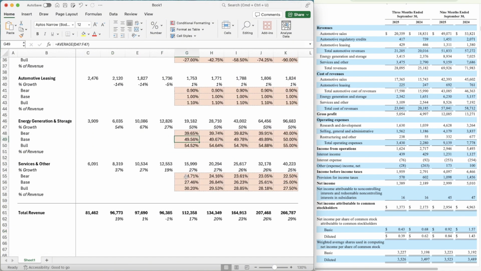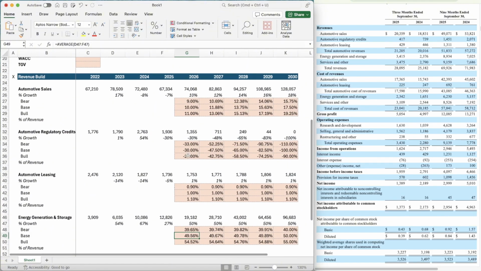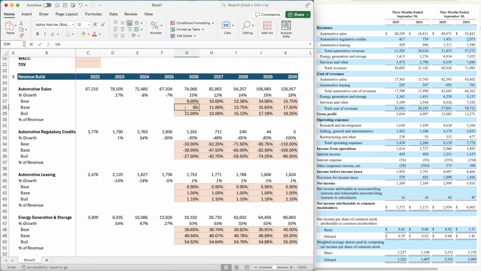Maybe for this one, we're actually going a bit too ambitious. 17% revenue growth in total for next year. Maybe change this to 5%.